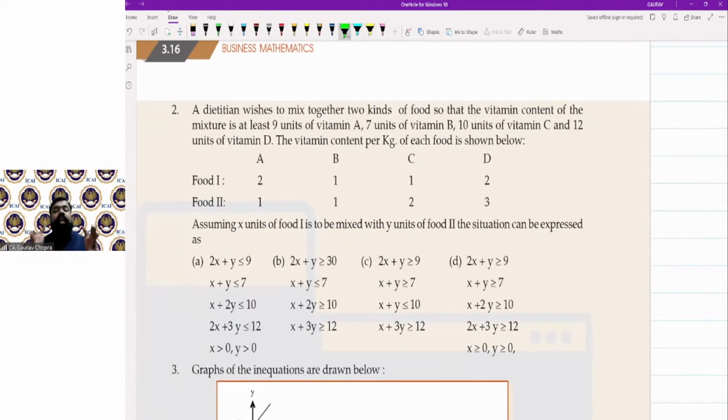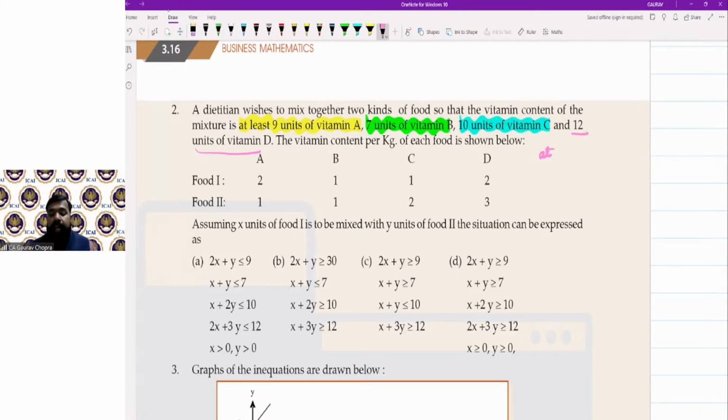Now the dietitian has to prepare someone's diet and he wants to mix two varieties of food so that the vitamin content of the mixture is at least 9 units of vitamin A, 7 units of B, 10 units of C and 12 units of D. So he wants this much vitamin content. So what are the constraints? We require all these minimum quantities of vitamins. Now assuming x units of food one is to be mixed with y units of food two, the situation can be expressed as follows.